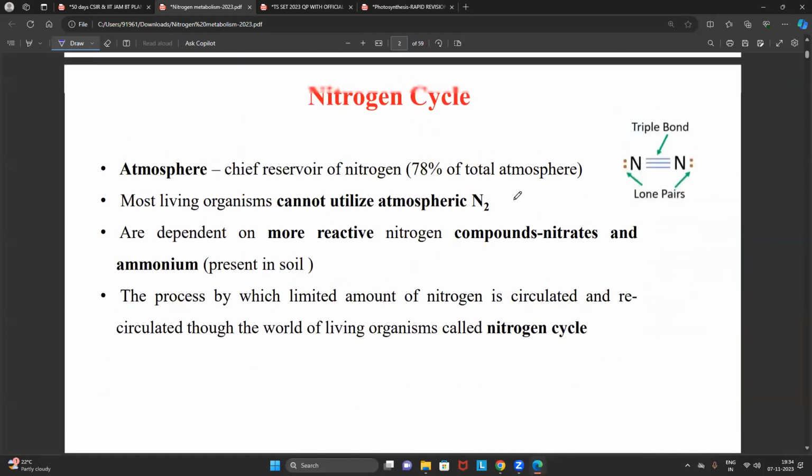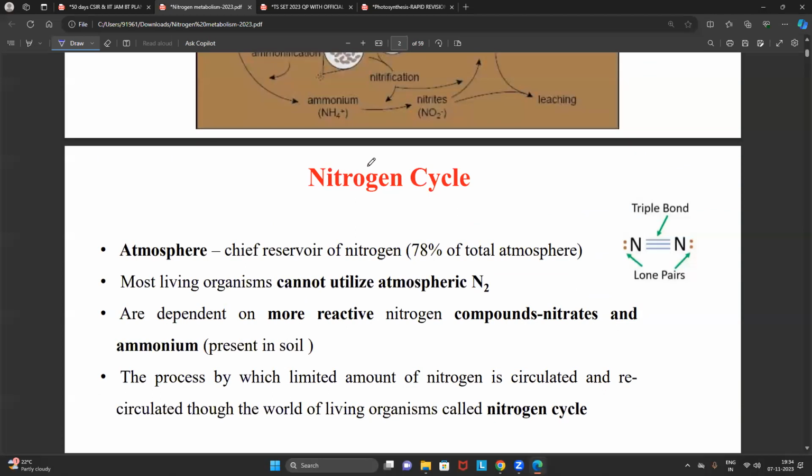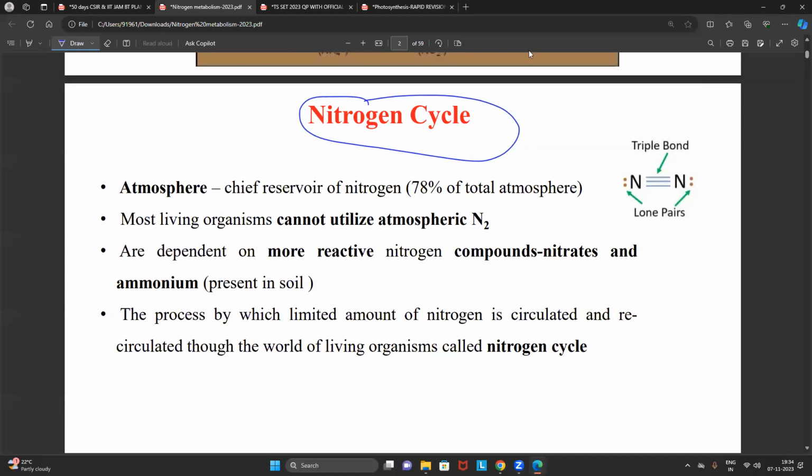Okay, nitrogen metabolism or the nitrogen cycle, that every one of us knows very well. No living organism on this planet Earth can survive without nitrogen. It is impossible. The reason is that nitrogen is exclusively required for amino acids and proteins. It is required for DNA, for RNA, for enzymes.